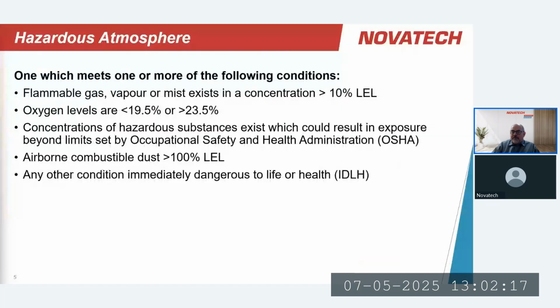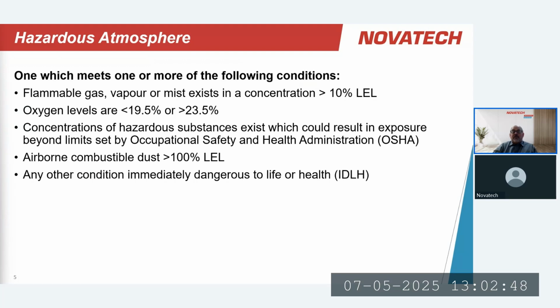What's it for? Gas detection and, in consequence, flame detection as well, is all about identifying hazardous atmospheres. A hazardous atmosphere is one which meets any one of these criteria, or sometimes a combination of these criteria. We're talking about flammable gases or vapors which exceed a certain level, and we'll talk about those levels in a future slide.